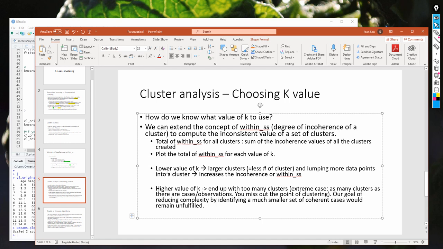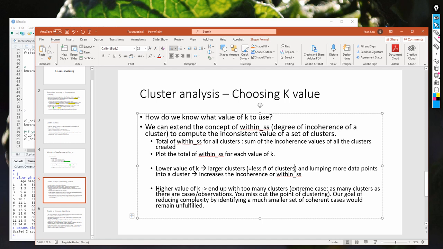A lower value of k means larger clusters, meaning fewer clusters, and basically it means lumping more data points into each cluster. That means increased incoherence, or increased within SS. So if you choose a really small k, this could be a problem. By the way, this all depends on the scenario and the data set.